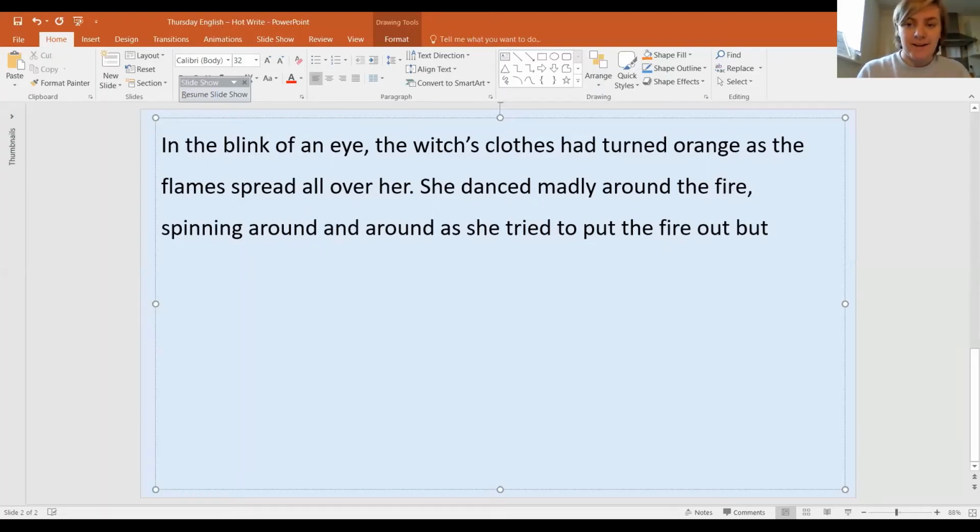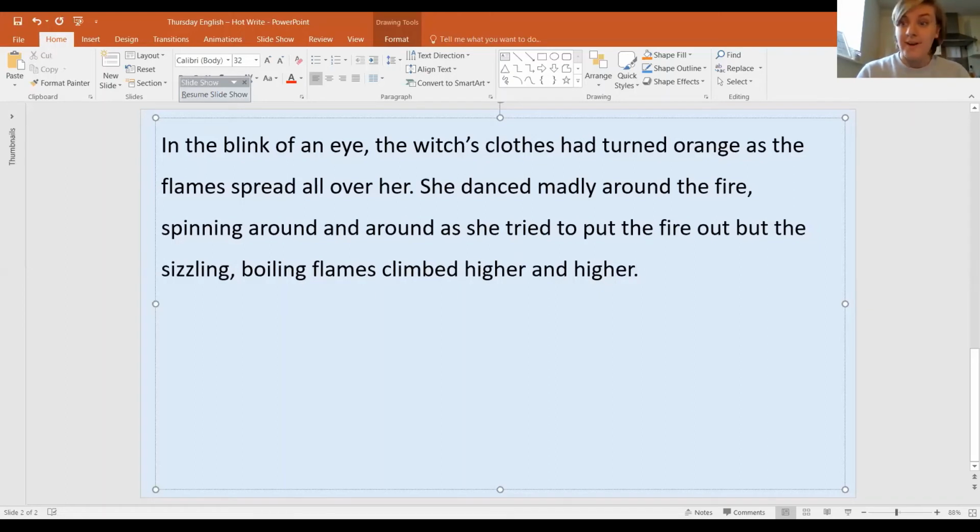But, let's get an expanded noun phrase in there. But the sizzling, boiling flames climbed higher and higher. So now the witch is on fire. Let's have another fronted adverbial, because I want to start talking about Job now, because she's on the other side of the forest.